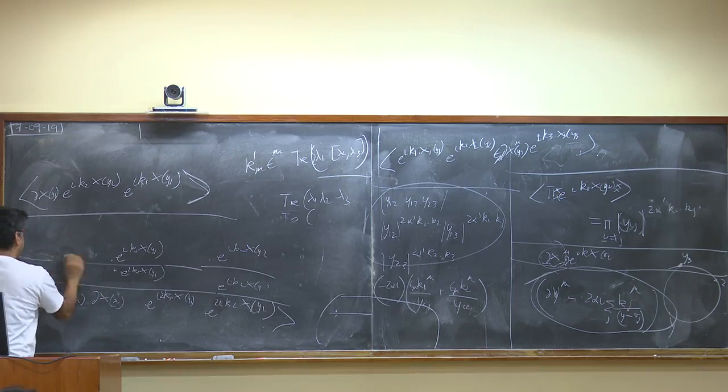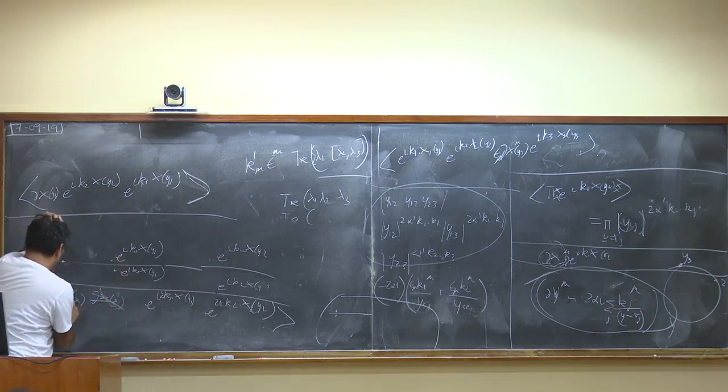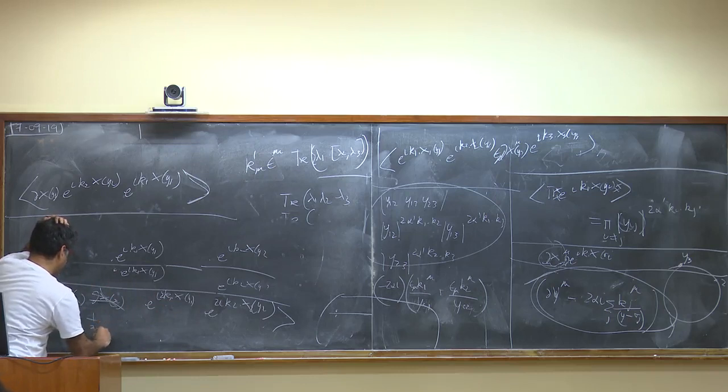It's just 1 del x here. But the main point is that this is now a completely holomorphic thing. So we're going to get 1 over x minus y1, 1 over x minus y2.